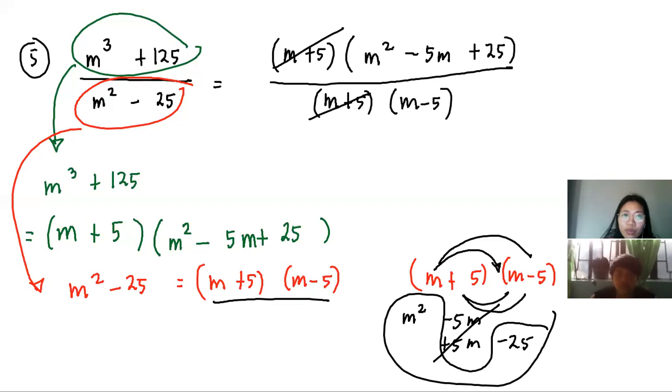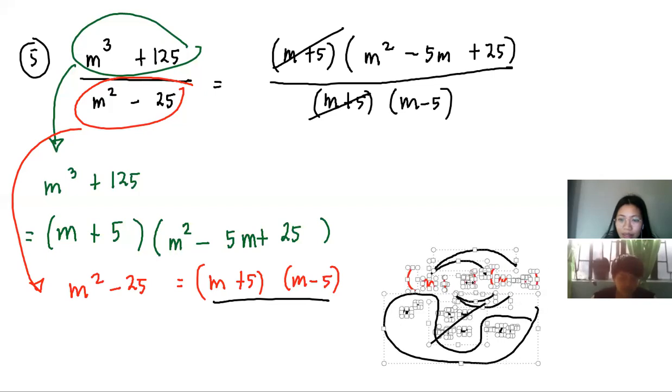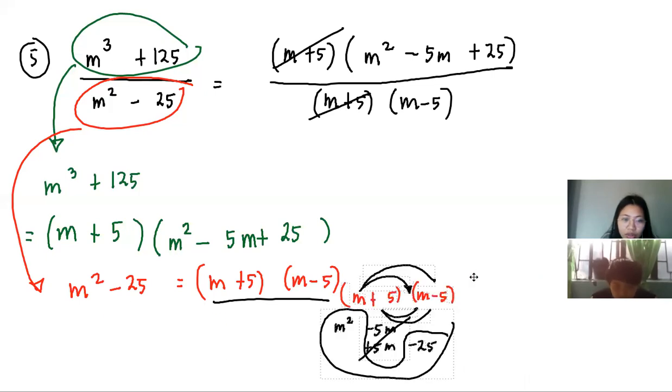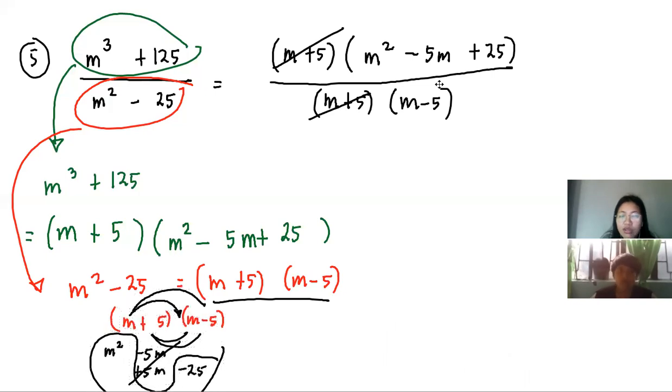I will move this one para mailagay natin. Okay. So, baba natin to, m squared minus 5m plus 25.